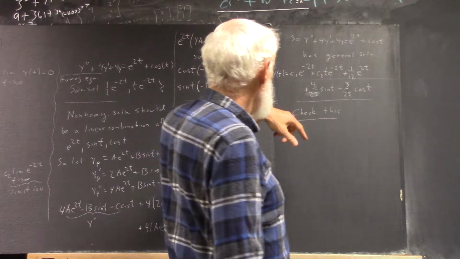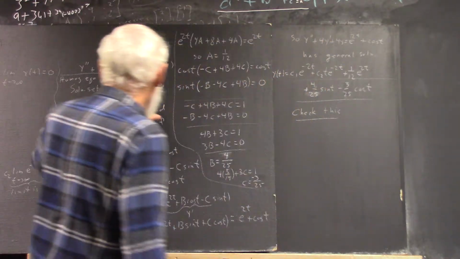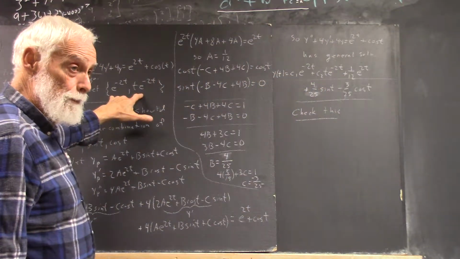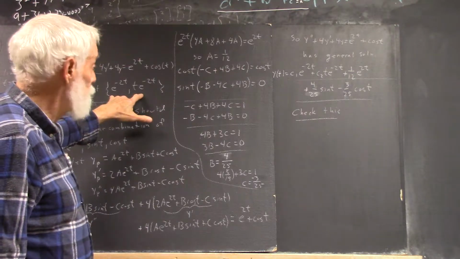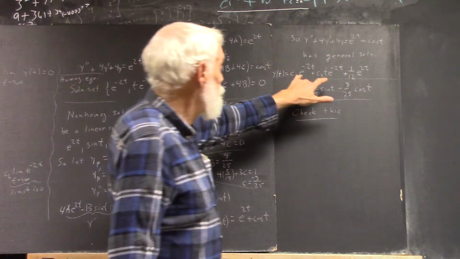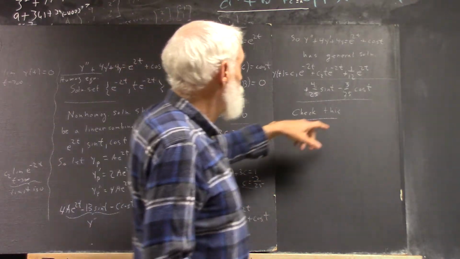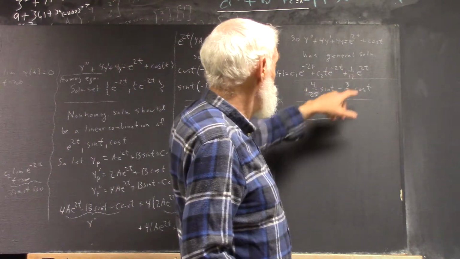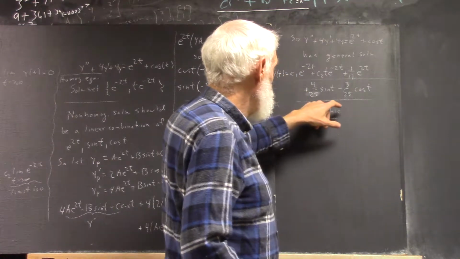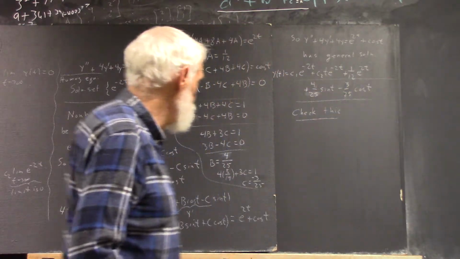has a general solution. That's what? A linear combination of your solution set to the homogeneous equation, which when you plug it into the equation should give you 0, plus our particular solution, 1/12 e to the 2t plus 4/25 sine t minus 3/25 cosine t.